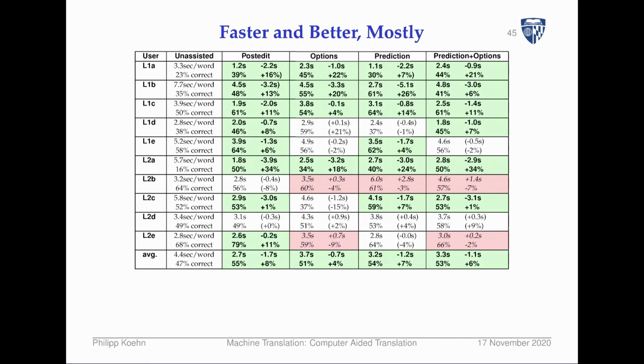A red box is they were both slower and worse quality, and the white boxes are somewhere in between. So there are some translators here that really benefited with any kind of tools, and some translators, no matter what you gave them, it didn't help them or even made things worse.